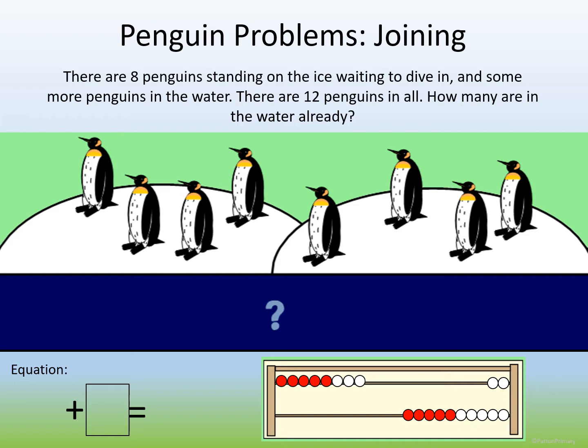We're going to count on to 12, starting at 8, 9, 10, 11, 12. That gives us our answer. 4 penguins are in the water. 8 plus blank equals 12. The answer is 4. 8 plus 4 equals 12.